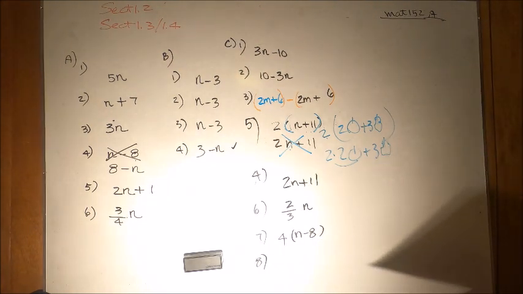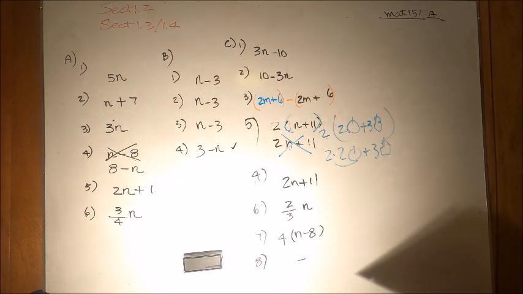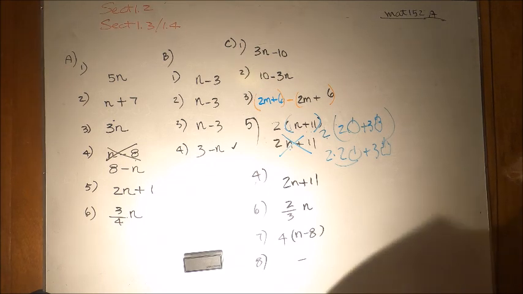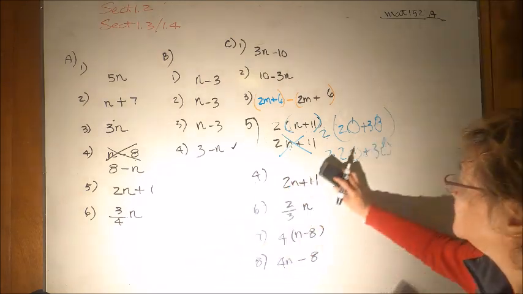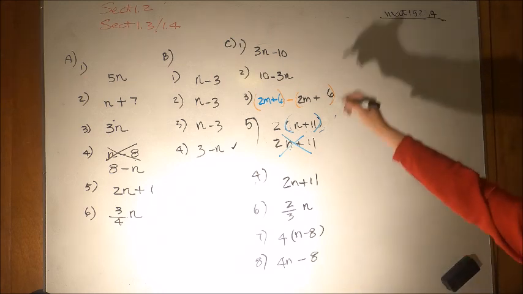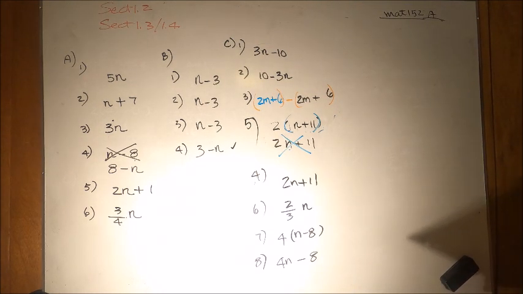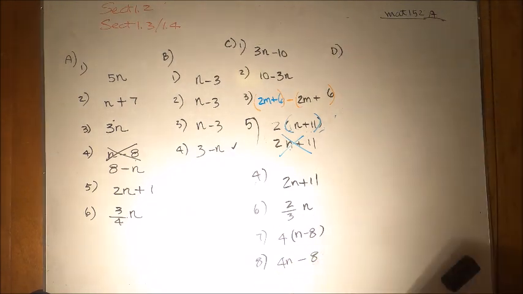Next one. The difference of 4 times a number and 8. So we want to find the difference, right? So you subtract. Difference of what? 4 times the number and the 8. So you do 4 times the number and the 8. So you find the difference. That's how you translate from English to math, right?